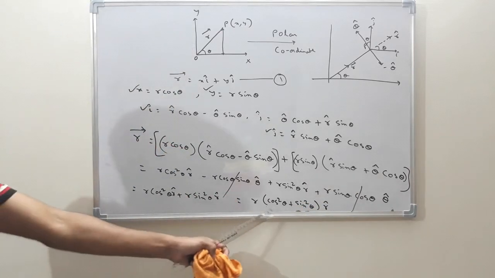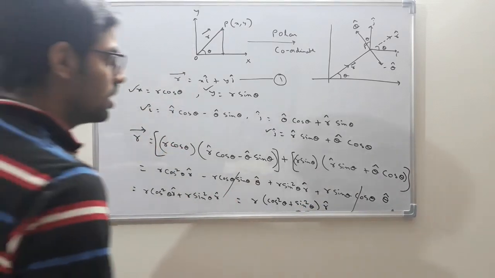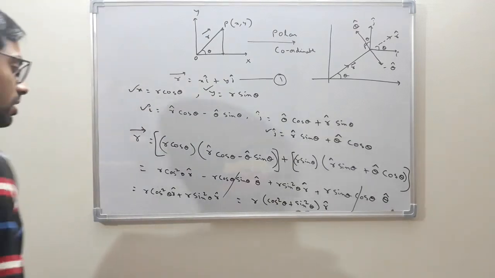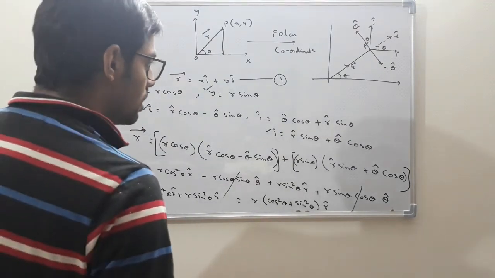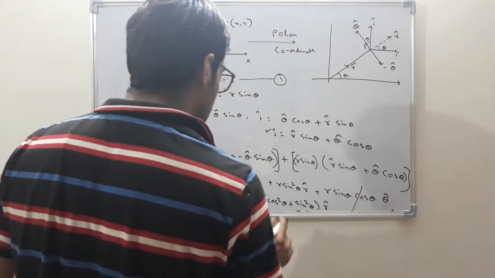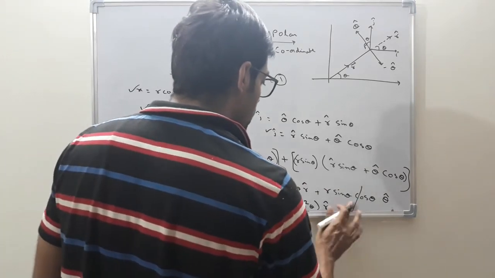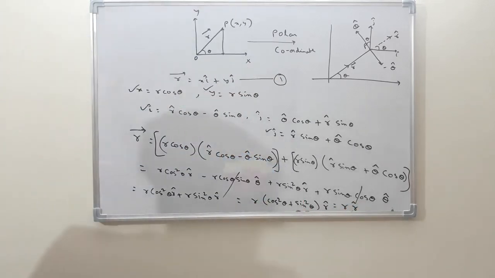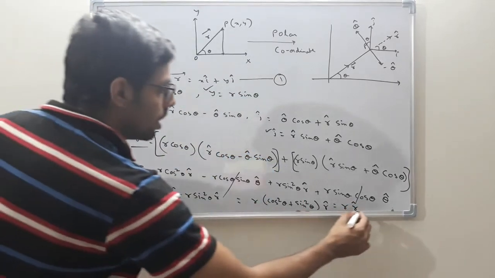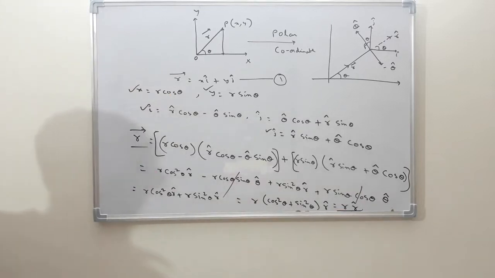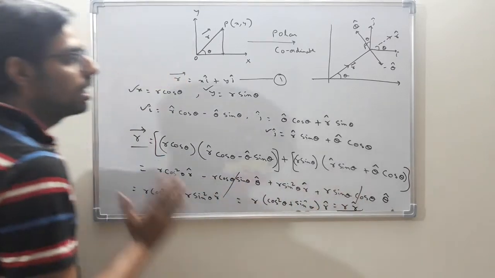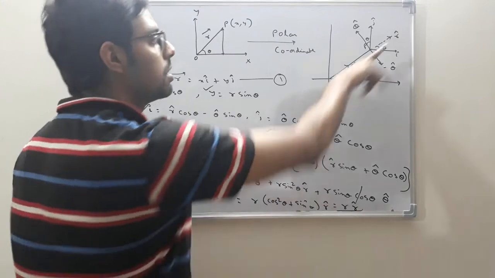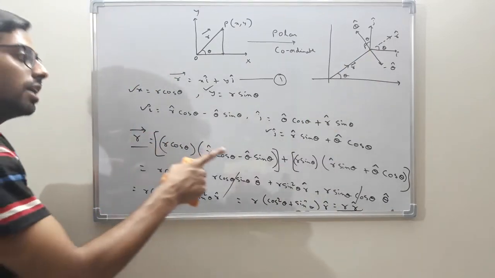It is a very important relation. cos square theta plus sin square theta is actually 1, so we can write it as r hat. Therefore you have got r vector equal to r into r hat. So there is no theta hat or cross radial part in the representation of r vector. Therefore it is purely a radial vector.